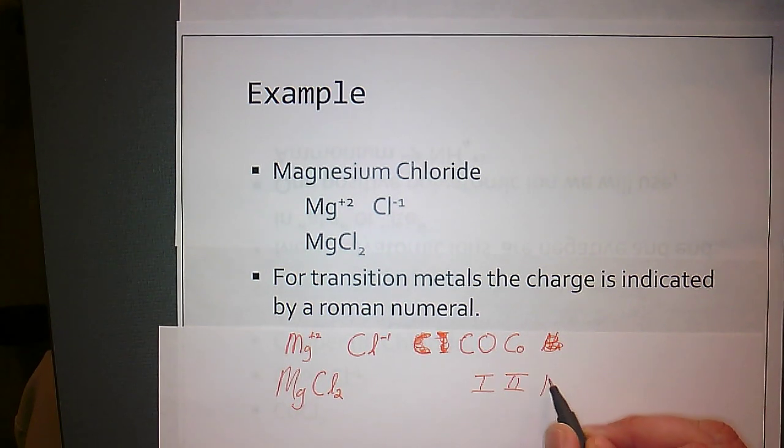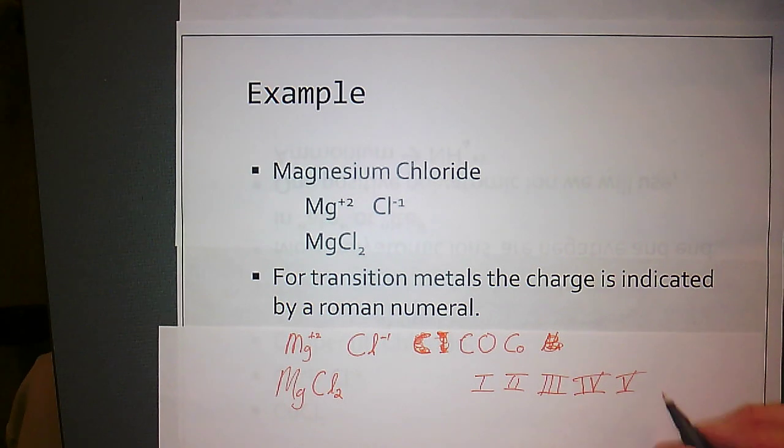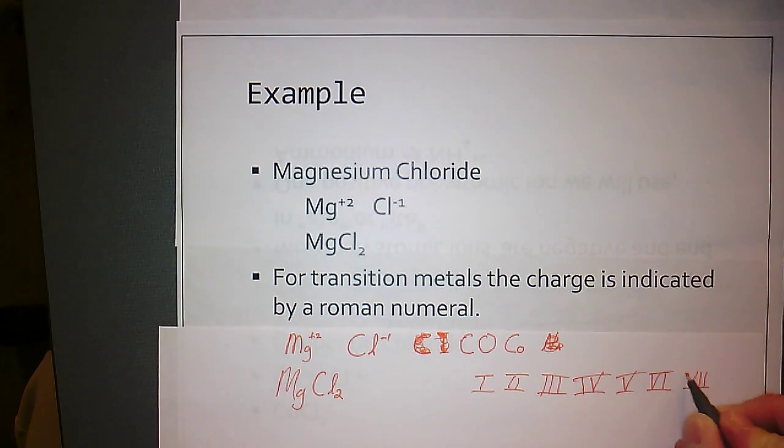Roman numeral for 3, III. Roman numeral for 4, IV. That means 1 before V. And the Roman numeral for 5, V. Roman numeral for 6, VI. And Roman numeral for 7, VII.